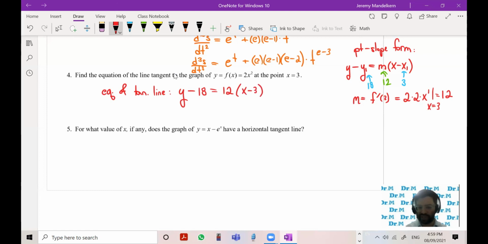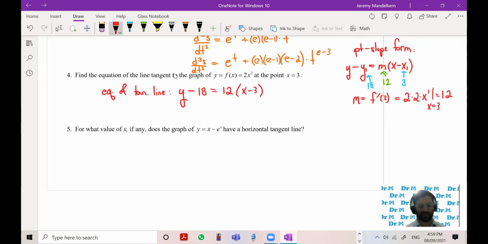There's no reason that we should try to solve for y here, though if your teacher does request that you write the equation in the slope-intercept form, by all means, just solve for y and don't make a blunder in the algebra along the way. We'll leave our answer in this form.